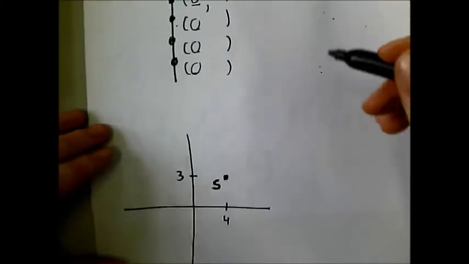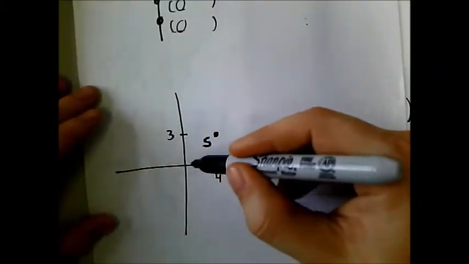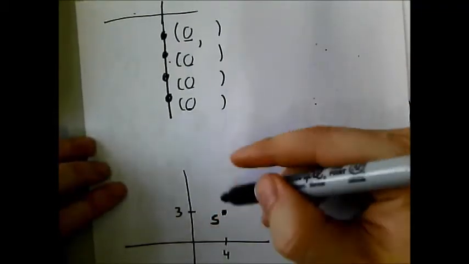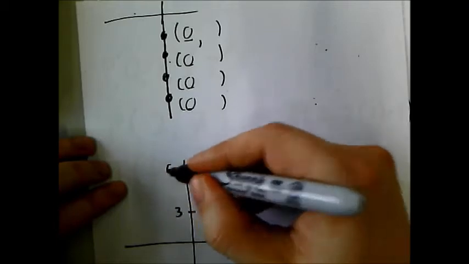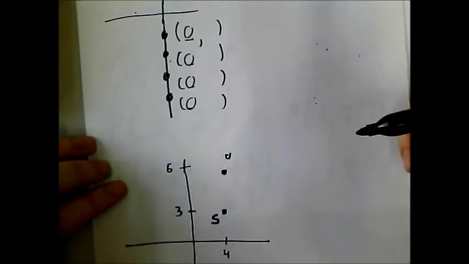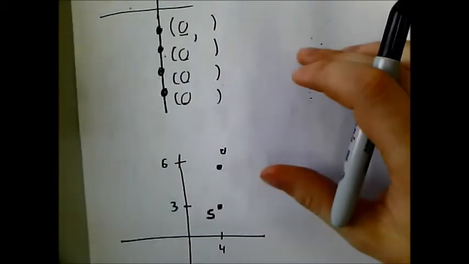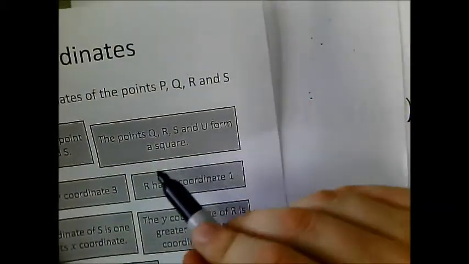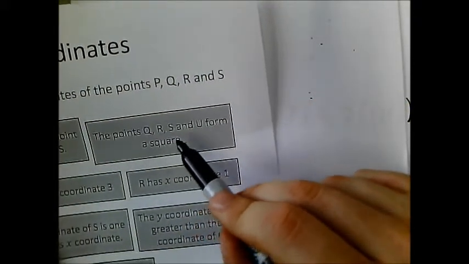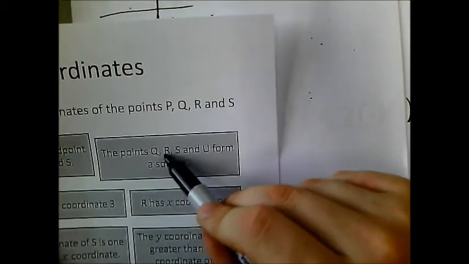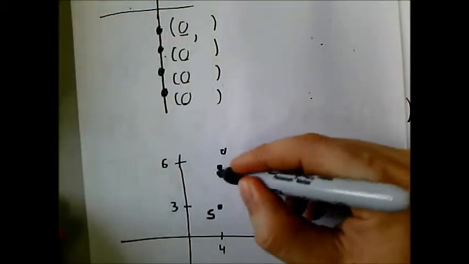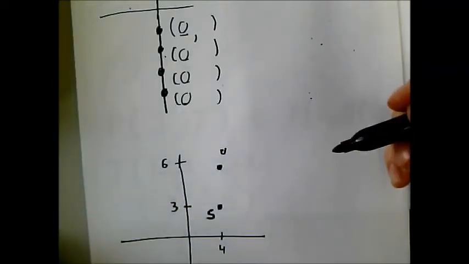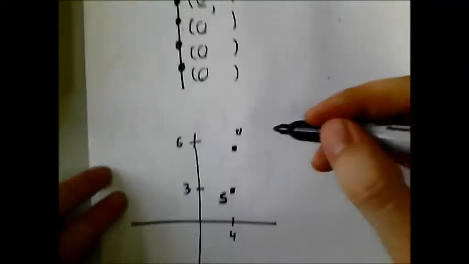I've been given U. So U is at 4, 6. So that's point U. Now I know that my final points, Q and R, form the final two vertices of my square, so the corners of the square.